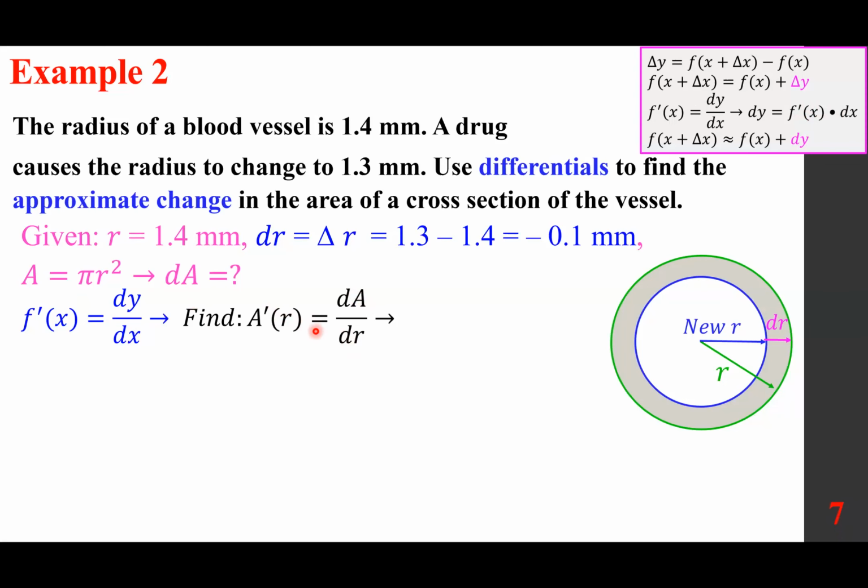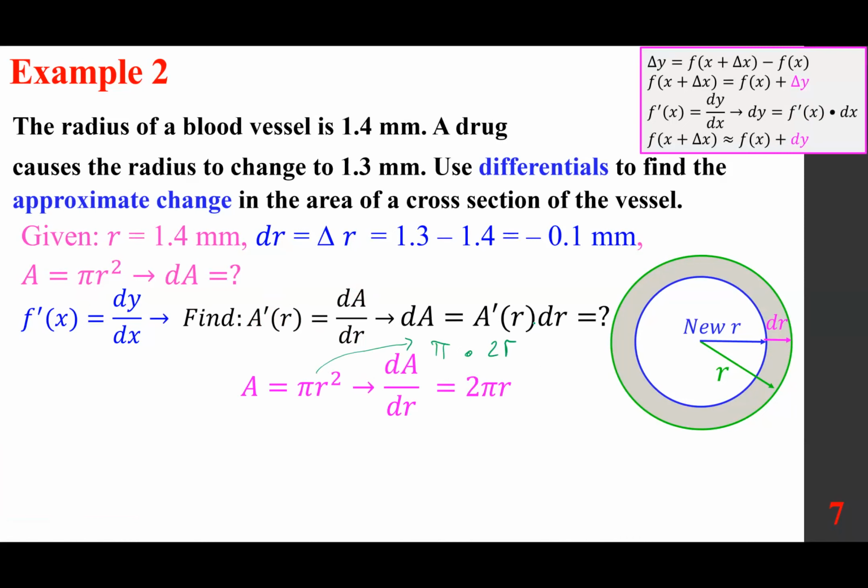So dA is the product of these two, A prime of r dr. So let's find this by differentiating pi r squared. Pi times r squared gives me 2r, so I have 2 pi r. Therefore, dA is this times dr.